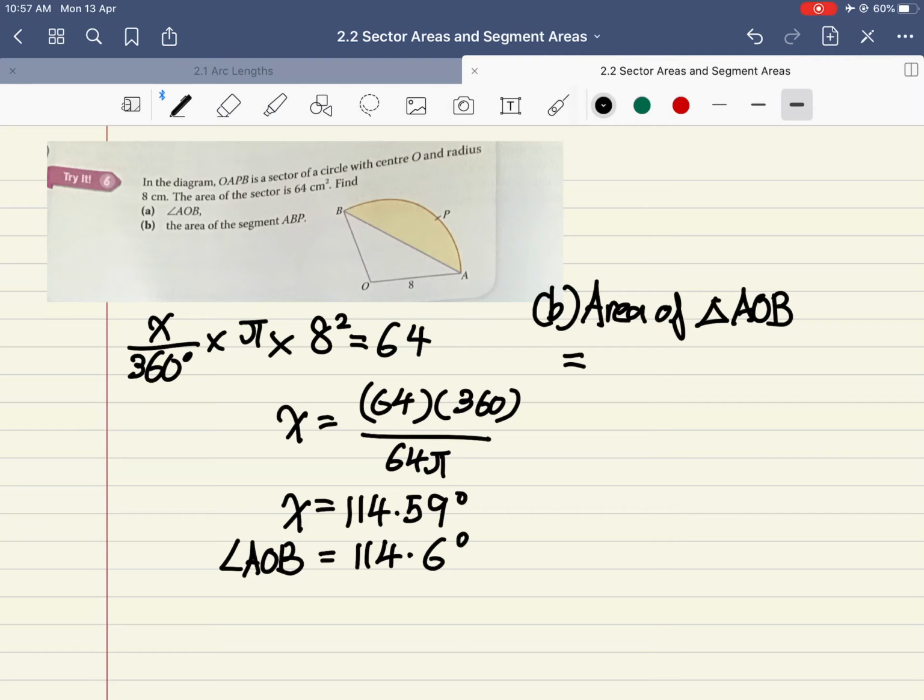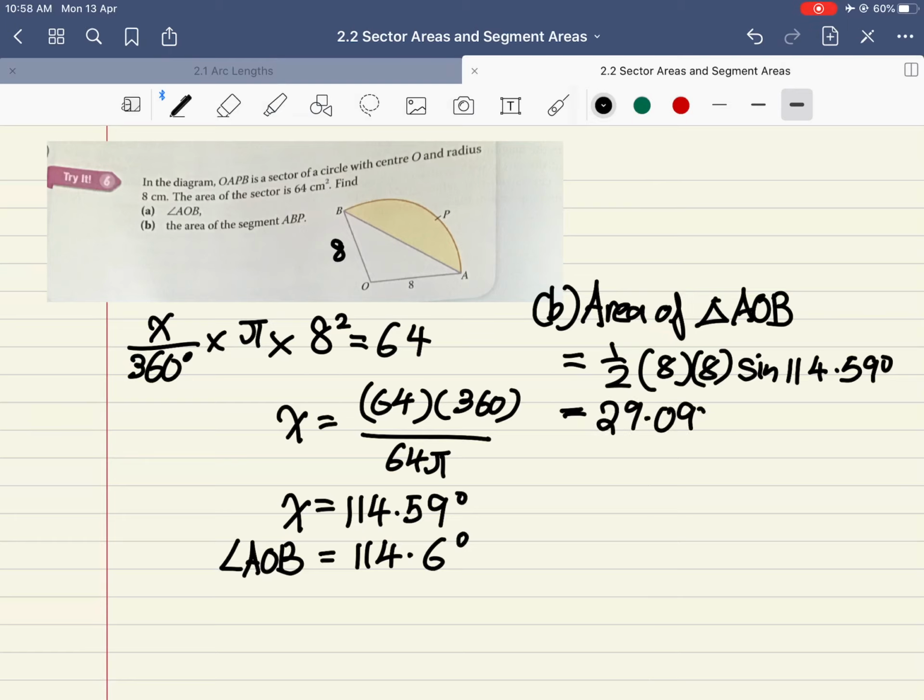If you remember, the area of a triangle is half ab sine theta. So what I have is half times 8 times 8 times sine of 114.59 degrees. So the area of triangle AOB is 29.098 cm squared.